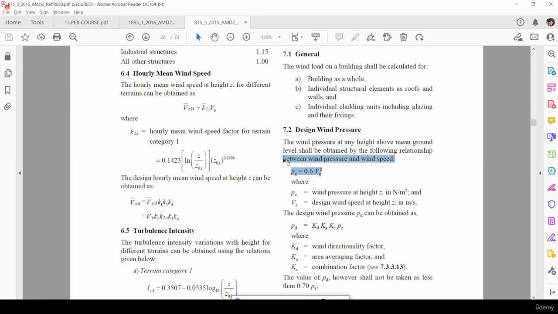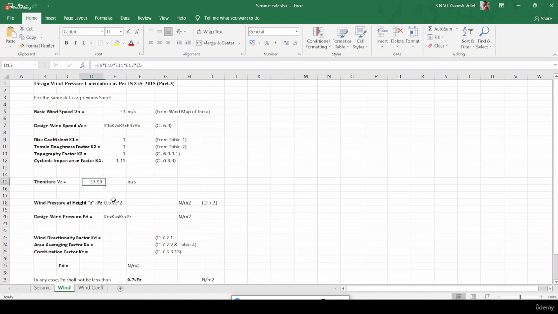For a particular datum, it has Pz, right? Pz is equal to 0.6 Vz square. We have Vz here as 37.95, so from that we calculate 0.6 into Vz square.